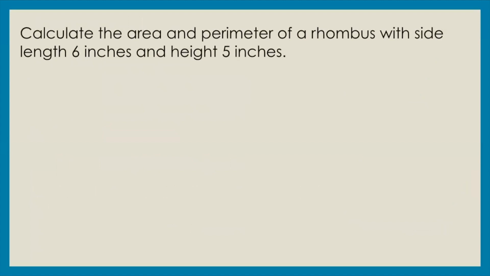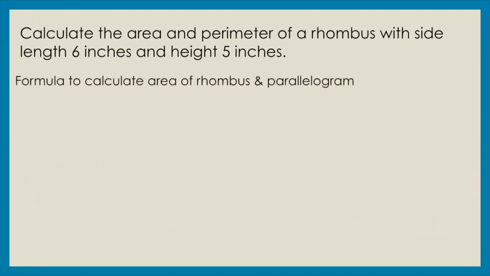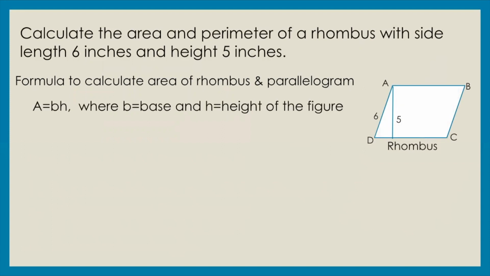Calculate the area and perimeter of a rhombus with side length 6 inches and height 5 inches. To calculate the area of rhombus and parallelogram, we can use the same formula, which is A equal to BH, where B is the base length and H is the height. So in this case, the length is given as 6 inches.